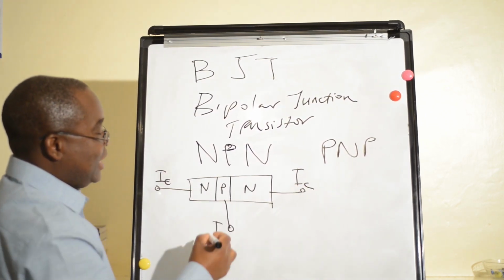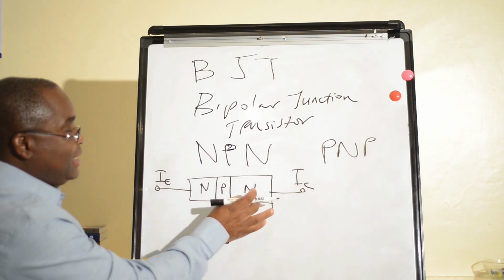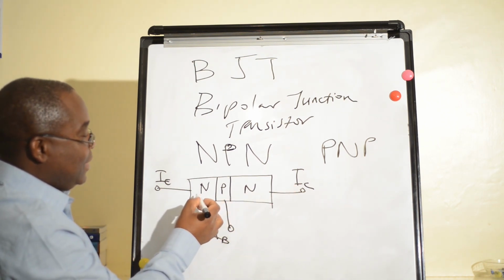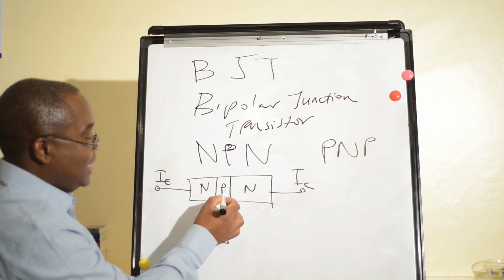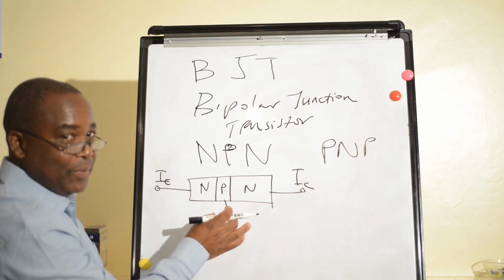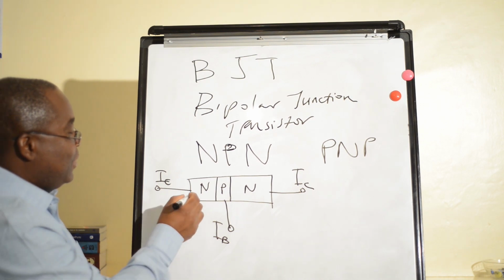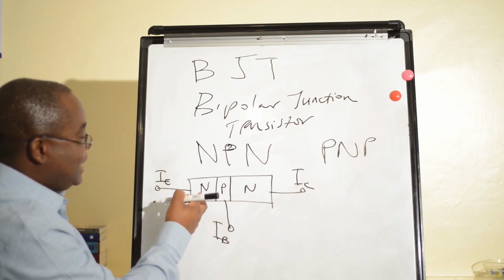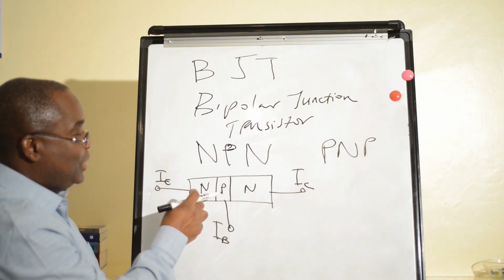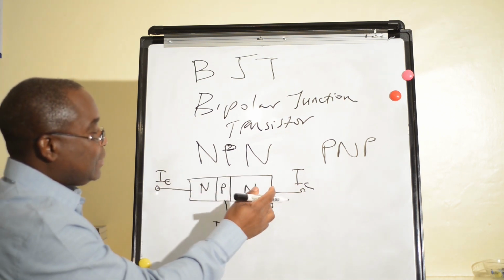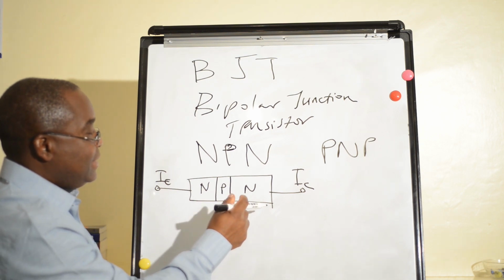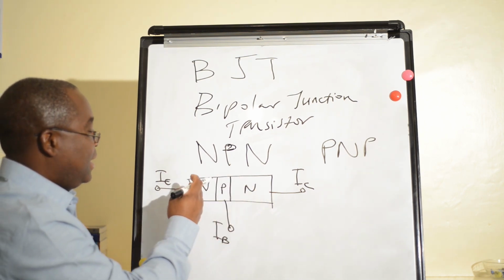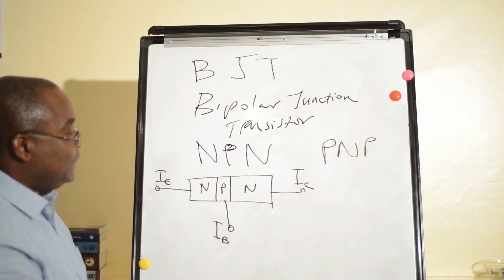In a transistor construction, the collector is much larger compared to the emitter and the base. The base width is small. Also, the N on the emitter side is heavily doped, but the collector is less doped, and the base is intermediate between the emitter and the collector.